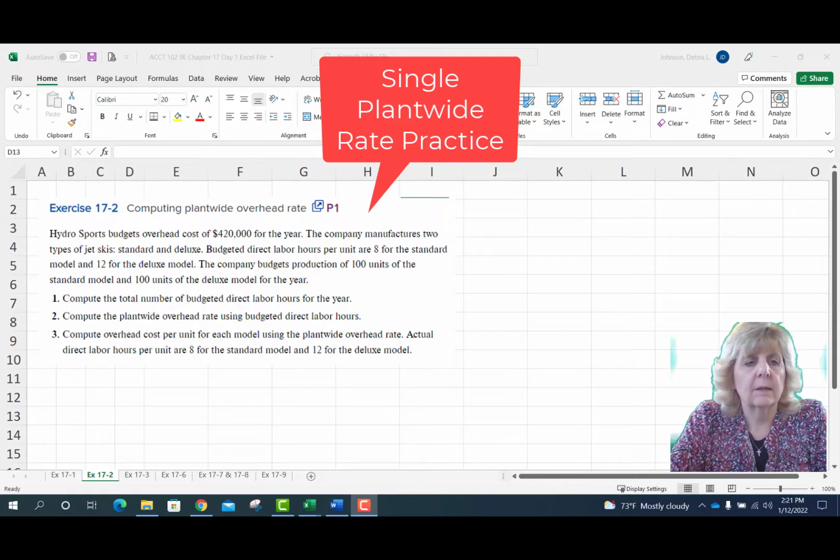It starts off by saying Hydrosports gives us budgeted overhead cost of $420,000. There's our bucks. The company manufactures 2 types of jet skis, standard and deluxe. They give us the budgeted direct labor hours for each of those models. And they tell us that they're going to produce 100 units of one model and 100 units of the other.